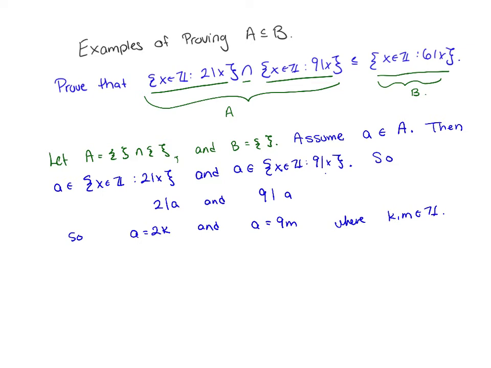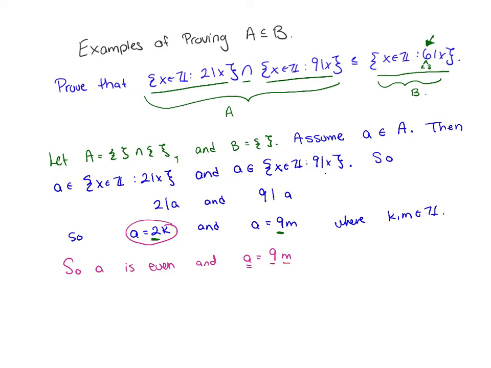And now I'm trying to show that it can be written as 6 times something. And I recognize that 6 is 2 times 3. So if I can get the 2 from here and the 3 from here, then I should be able to put it together. But right now, those are separate statements. So let's see how we can build that up. Since I know that a is equal to 2k, that means that a is even. And a is equal to 9 times m. So if it's even, then it has to be written as an even number in the product.